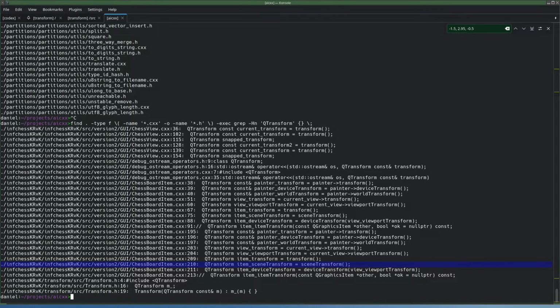I'm not 100% sure actually that my coordinate transformation already was used in a project that is using Q-transform.